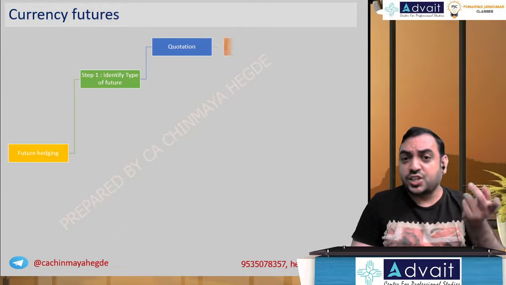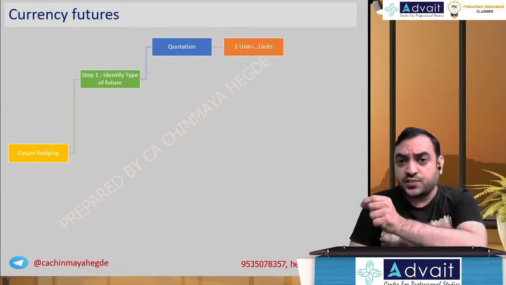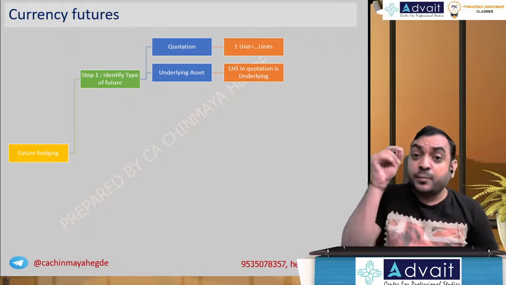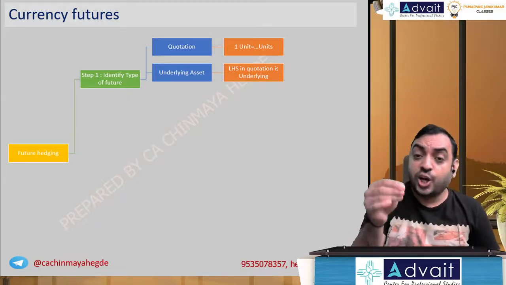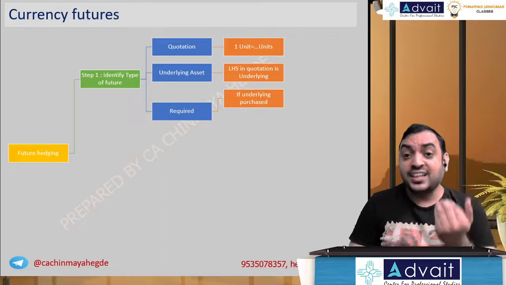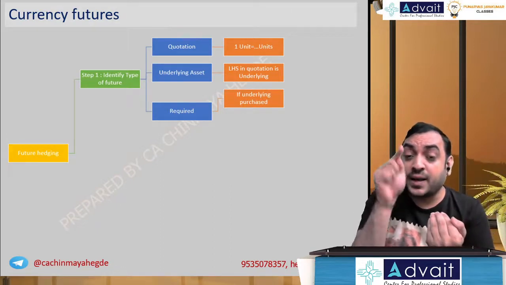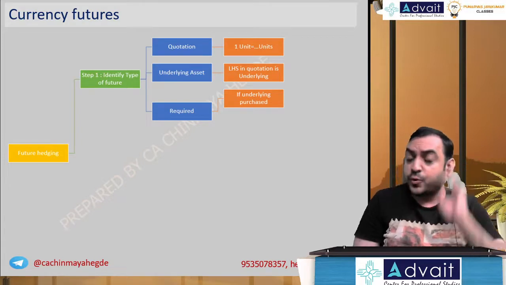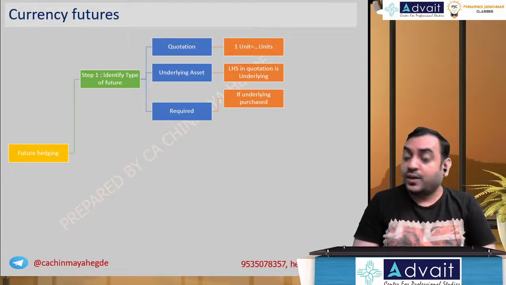Same thing, quotation, one unit equal to so many units. The left hand side is the underlying asset, or if they mention lot size, the lot size in the underlying asset. If you are buying the underlying asset, think from the underlying asset point of view. Same process. I'm not repeating examples. What I told in options will repeat.